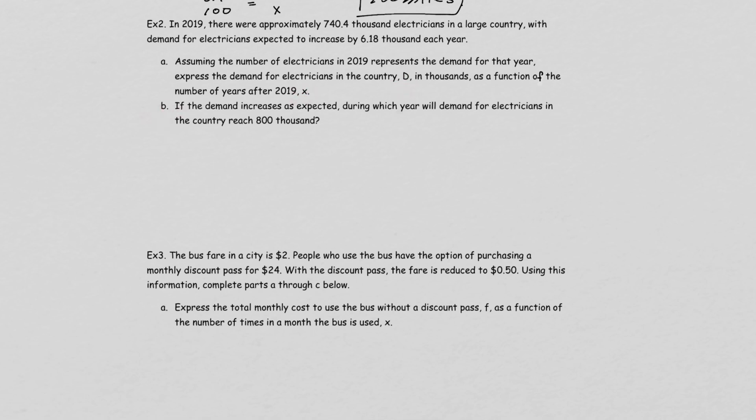And the second part is asking to find out how long until the number of electricians becomes 800,000 from 740.4 thousand. Don't forget, this unit is in thousands.